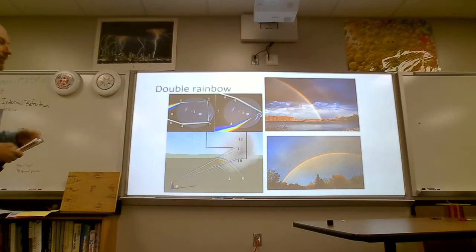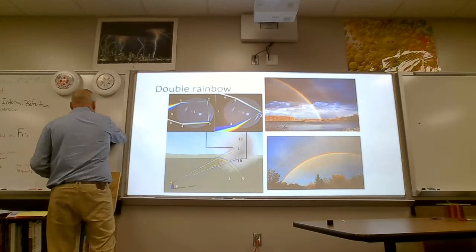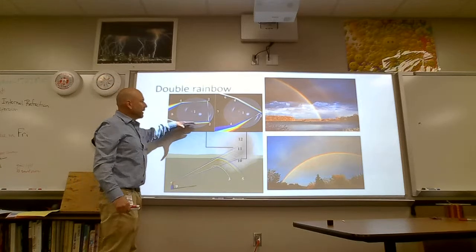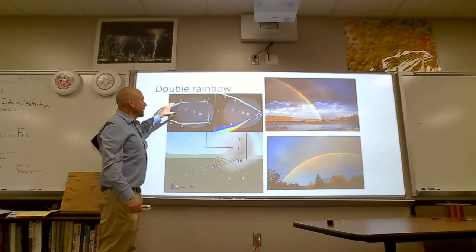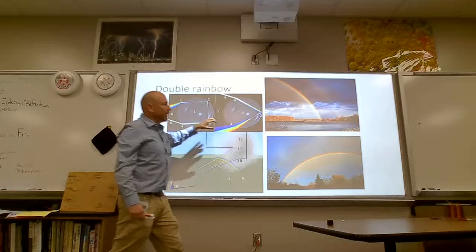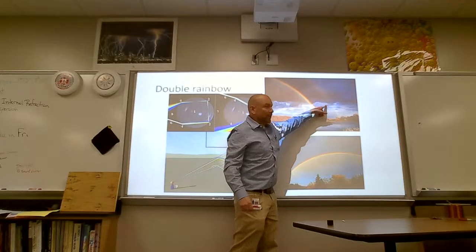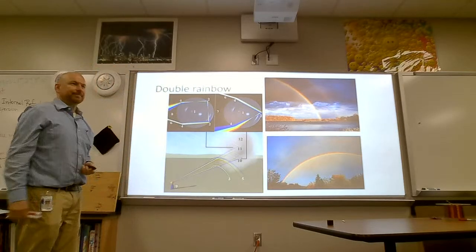Double rainbows occur when there's a whole lot of sunlight. It actually occurs all the time, but it's just not bright enough. You get a double reflection going on inside here. So this makes the primary rainbow, this makes the secondary rainbow. Notice the order of the colors in the secondary. Flipped.